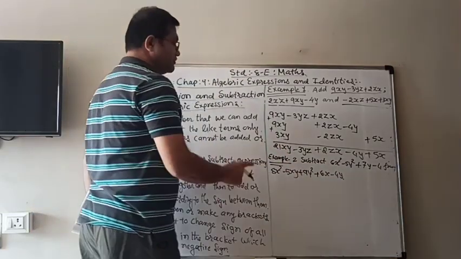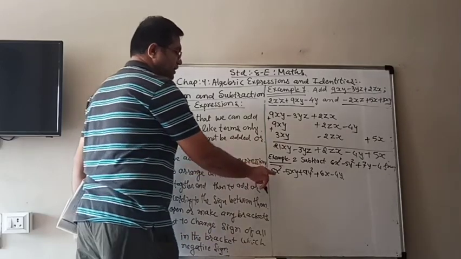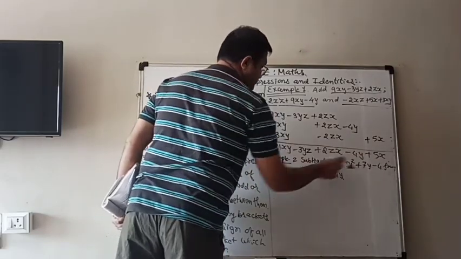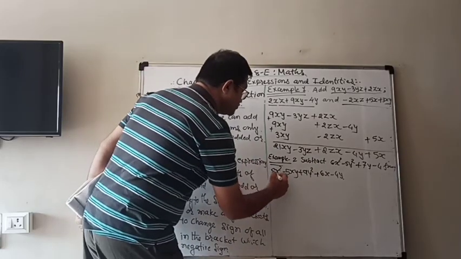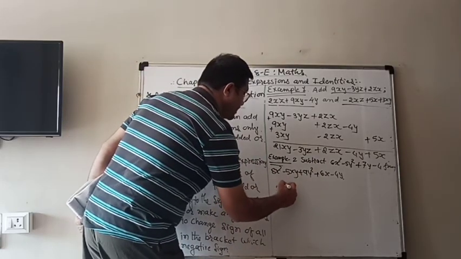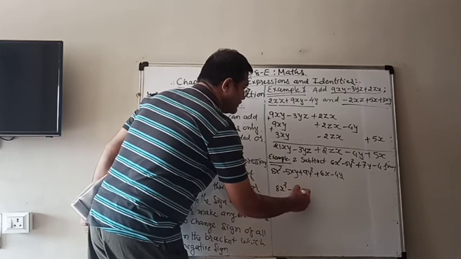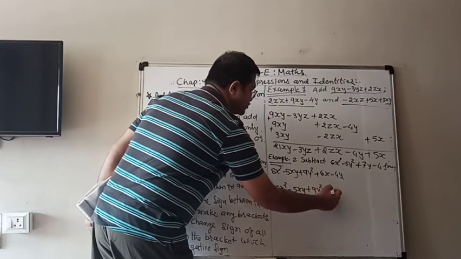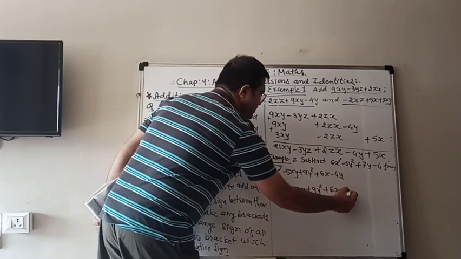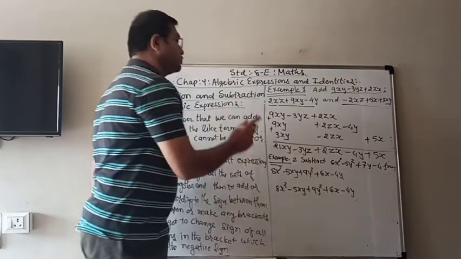Now we know that when we subtract, the second expression must be written first, because from that we have to subtract the first one. So first we will write down the second expression, 8x square minus 5xy plus 9y square plus 6x minus 4y.